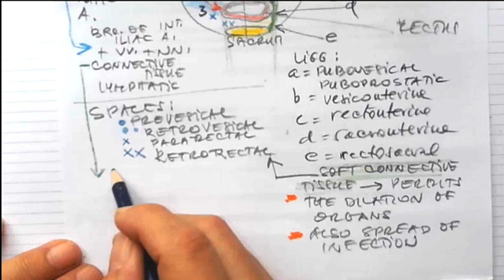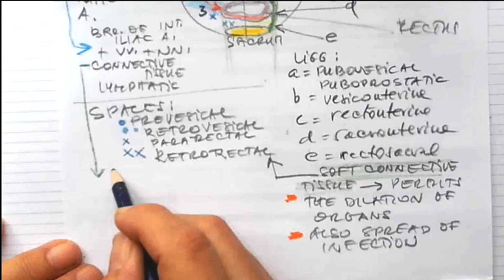It has a typical zigzag course, supplying the uterus and also supplying the vagina by the vaginal branches.